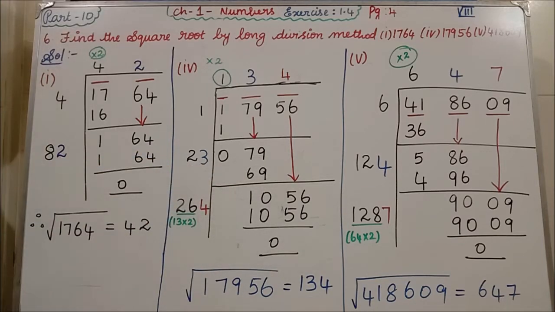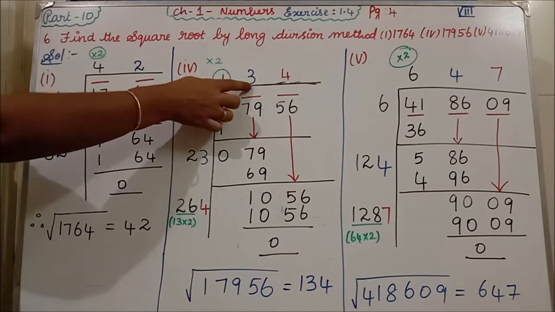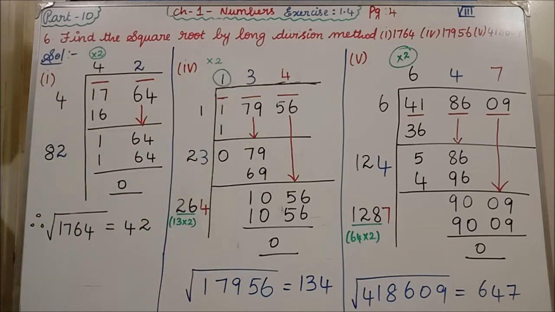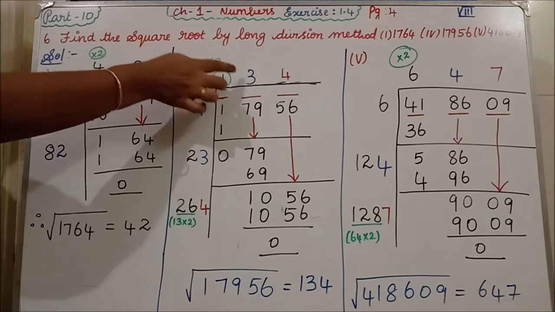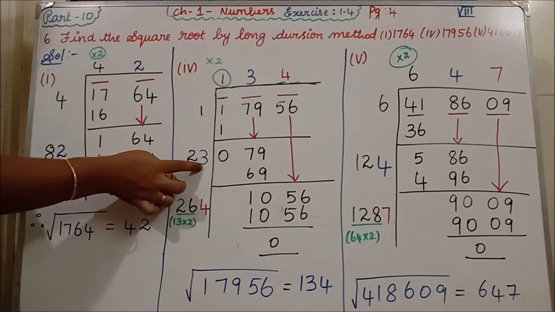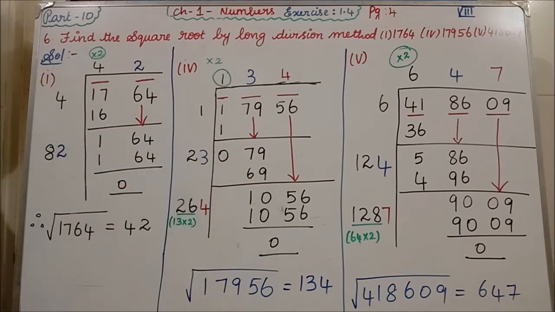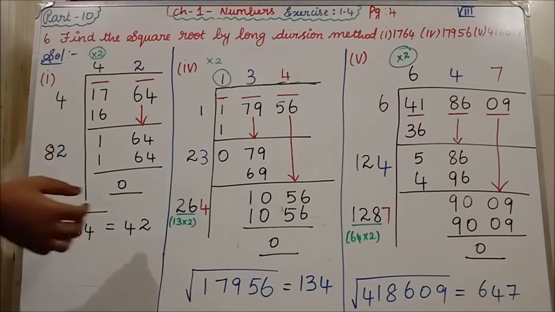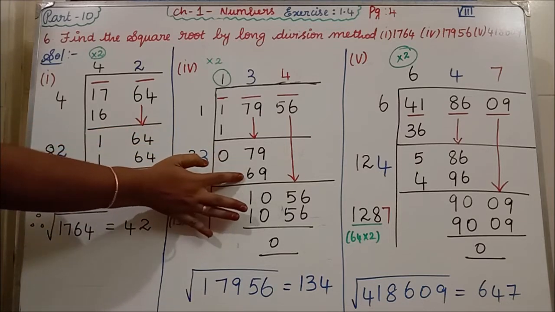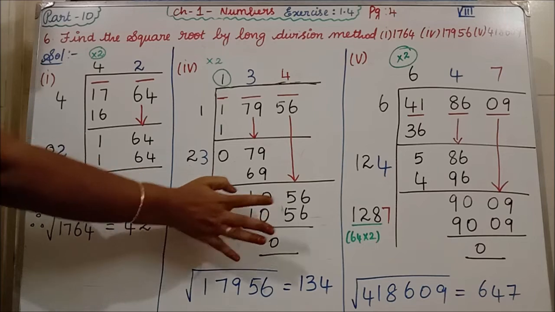So which number, if you multiply by itself, will you get 9? 3 threes are 9. So write 3 here and 3 here also. Clear? So check: 3 into 23 is 69. If you write 4 and 4 here, it will exceed 79. Okay, students. Now 79 minus 69 is 10.